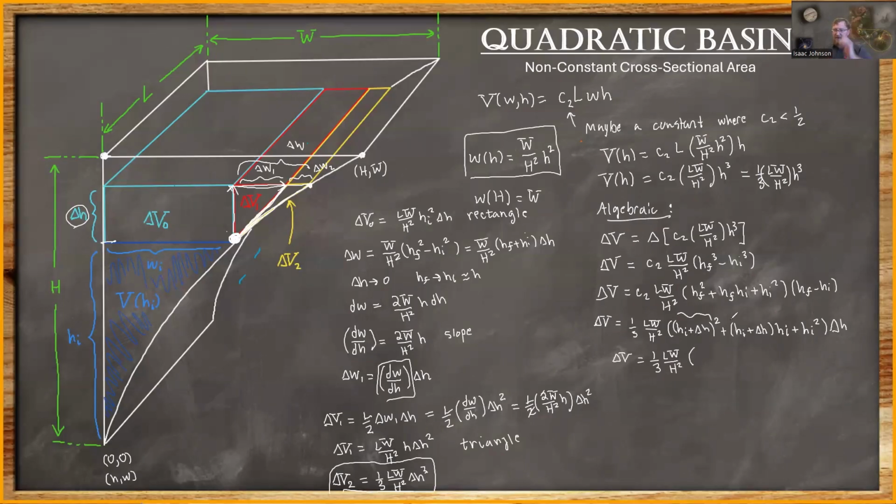All right, this first one, give it to me as simple as you can. hi squared plus 2 hi delta h plus delta h squared.